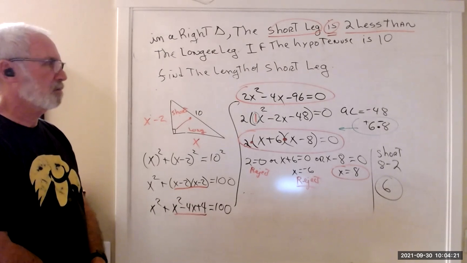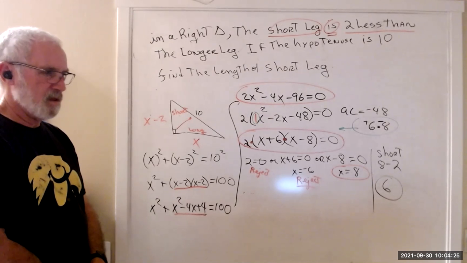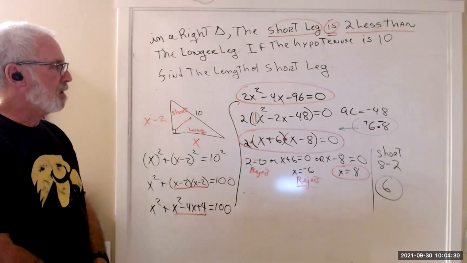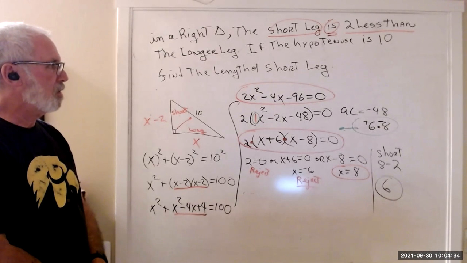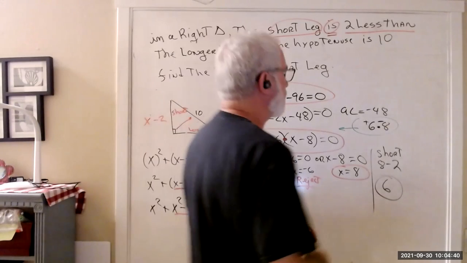You're sure? I have a question about the AC number. How does it have like a chart for us to look at? Like when you see negative 48, you know right away it's a 6 and an 8. No, you just run through your times tables.